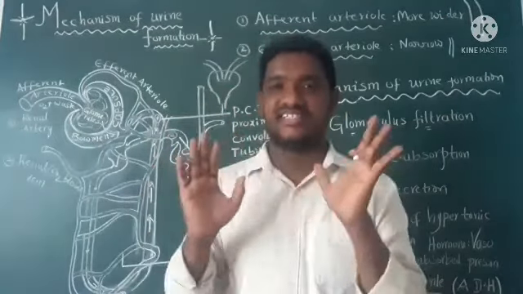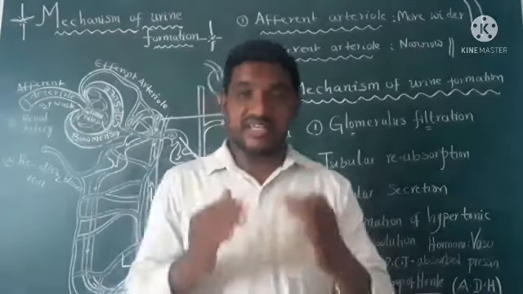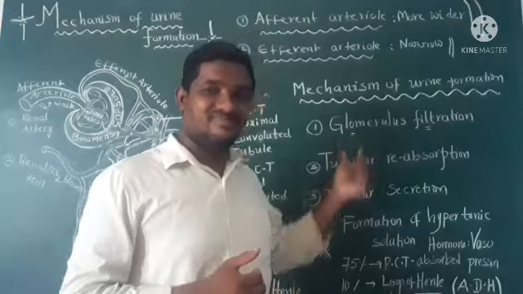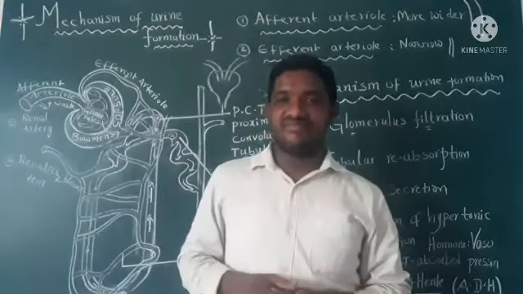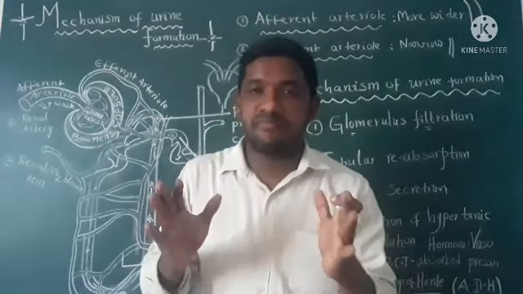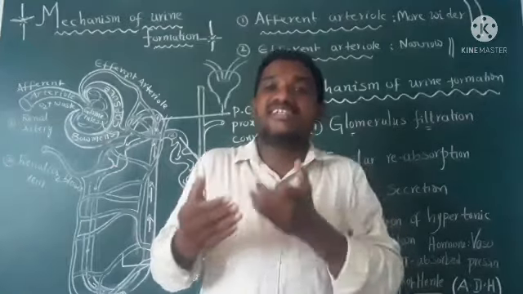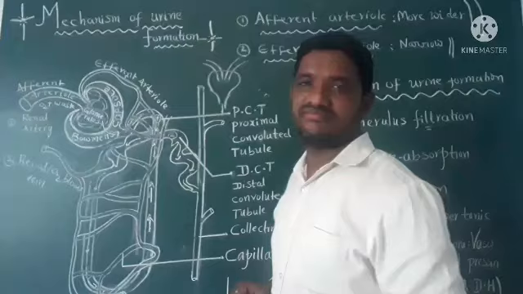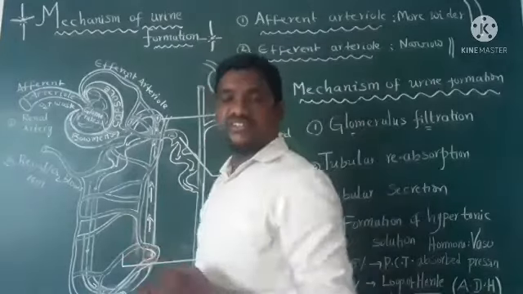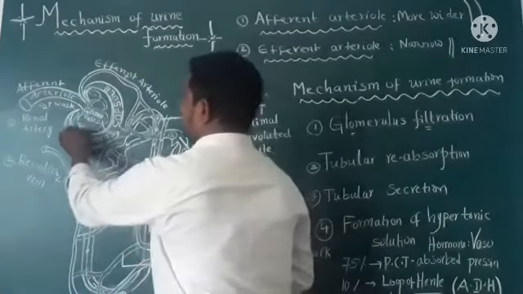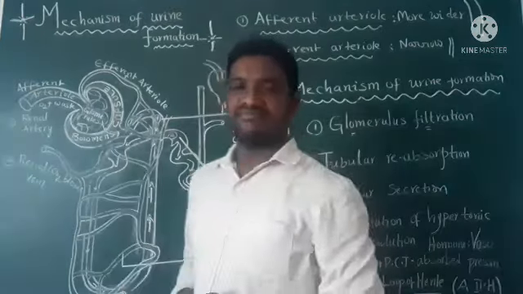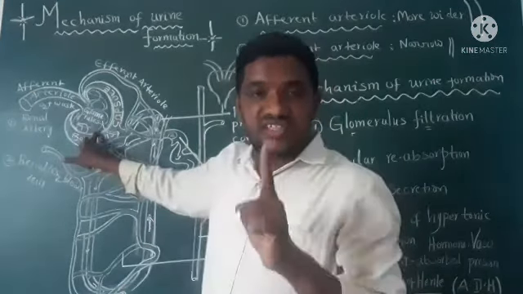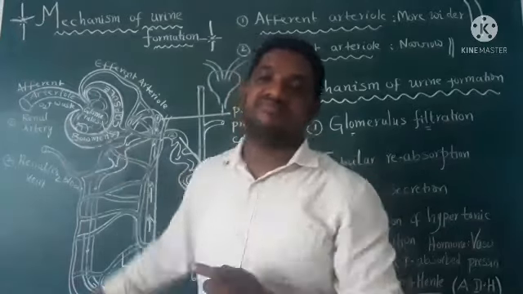So here the filtration process is carried out by the glomerulus. Okay, so that is the first step, glomerular filtration. This is the first stage in the formation of urine. Remember it? It is the first stage involved in urine formation.